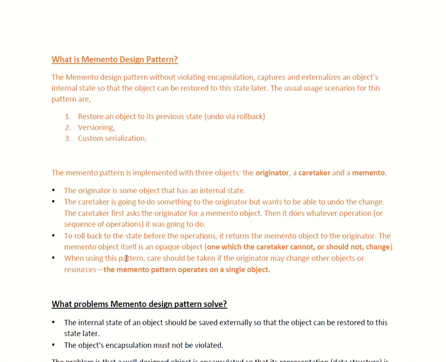The memento object itself is an opaque object, one which the caretaker cannot or should not change. When using this pattern, care should be taken if the originator may change other objects or resources. The memento pattern operates on a single object, always remember. It is centered around a single object for which it maintains various states. So this care should be taken.